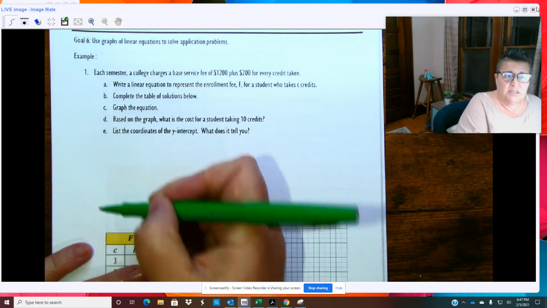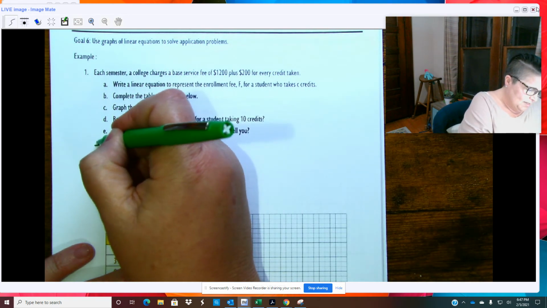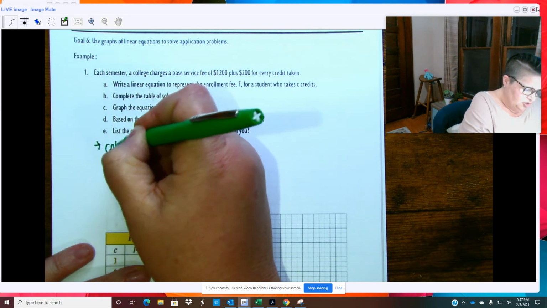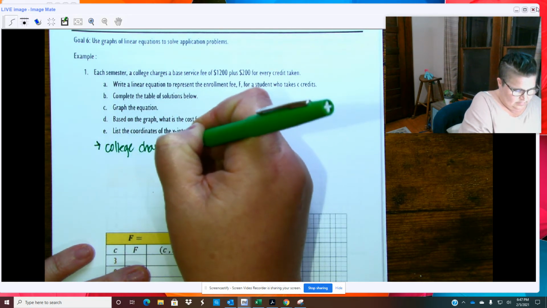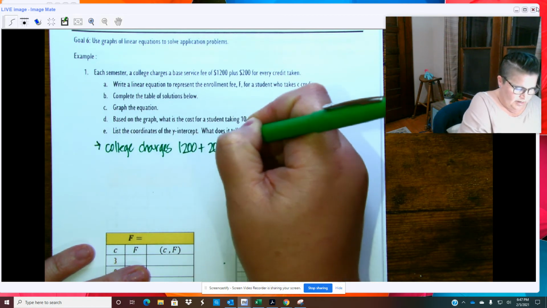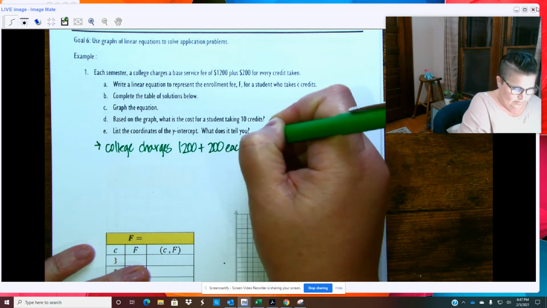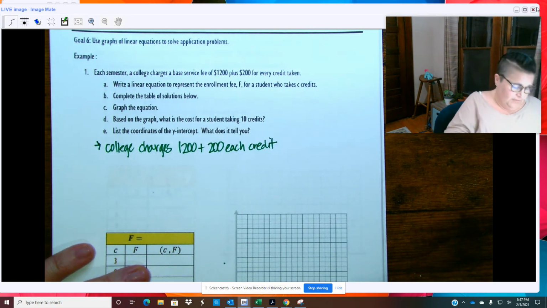So the college charges, a little bit at a time. First of all, restate this. The college charges $1,200 plus $200 each credit. This is the fee.